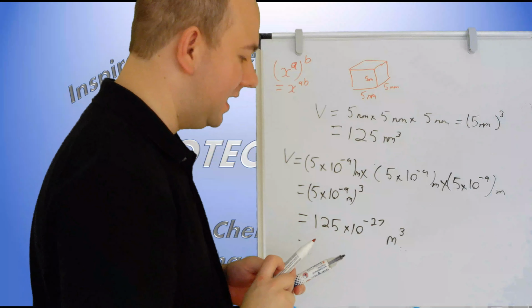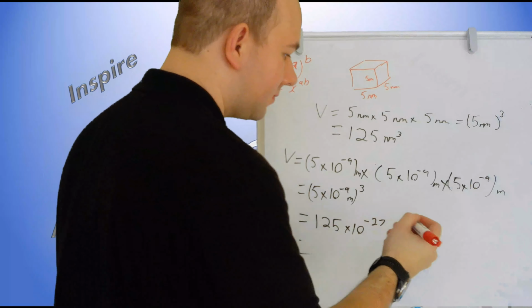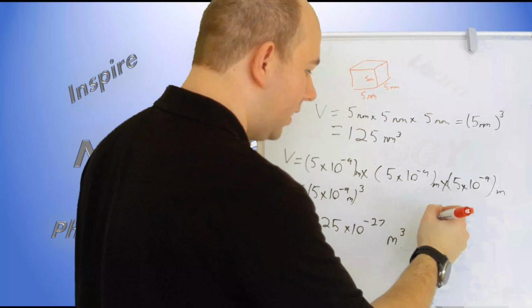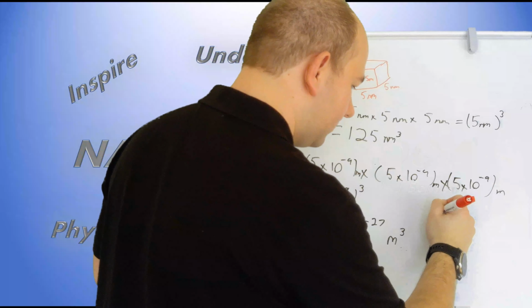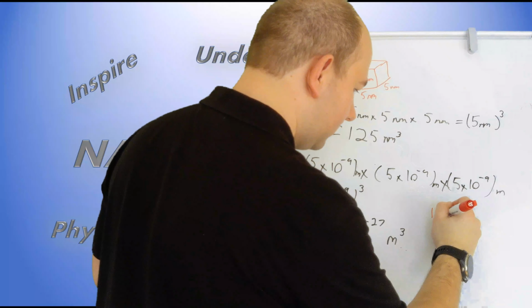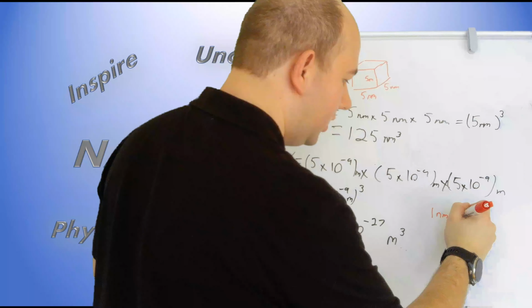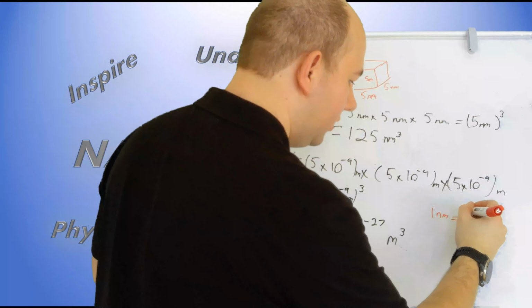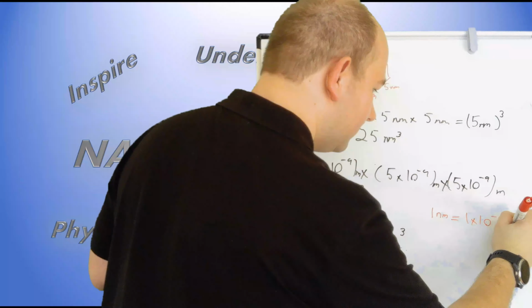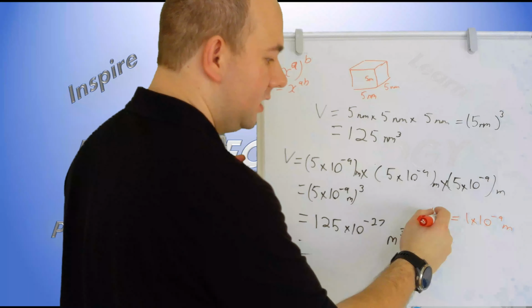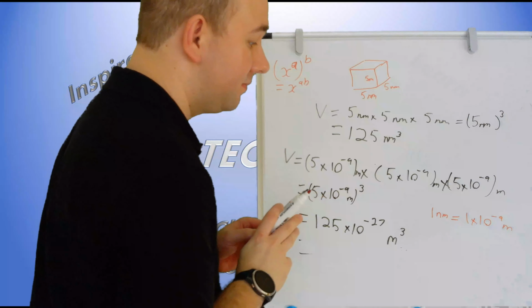So before we said that 1 nanometer is equal to 1 times 10 to the minus 9 meters. So you get this conversion.